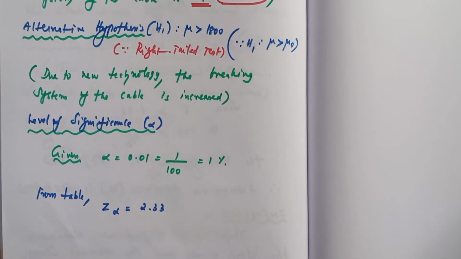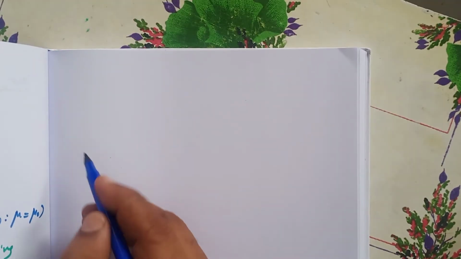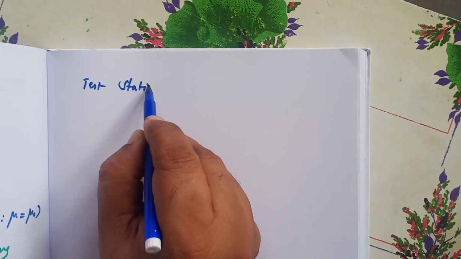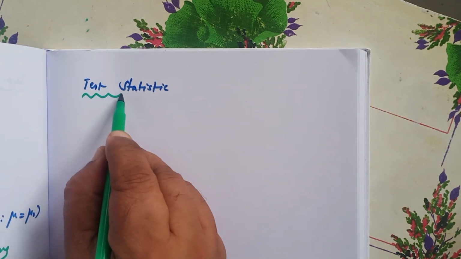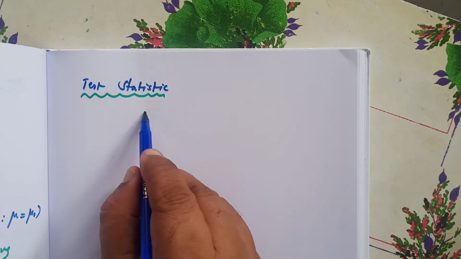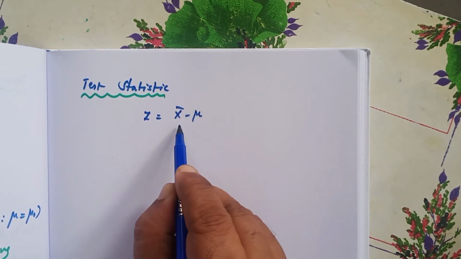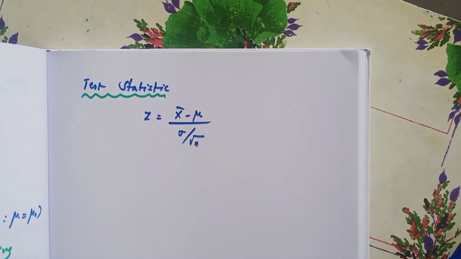That is over. Now the fourth stage, that is the test statistic, using the formula Z is equal to x bar minus mu divided by sigma by root n. That's the formula.